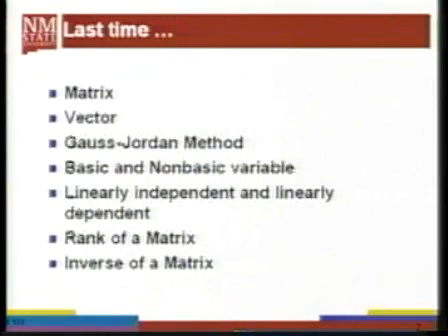Hello, everyone. Okay, so last time we reviewed some basic algebra which is required for this class later on. Especially, we focused on the Gauss-Jordan method, which uses three types of elementary row operations: row multiplication, row addition, and the exchange of rows.